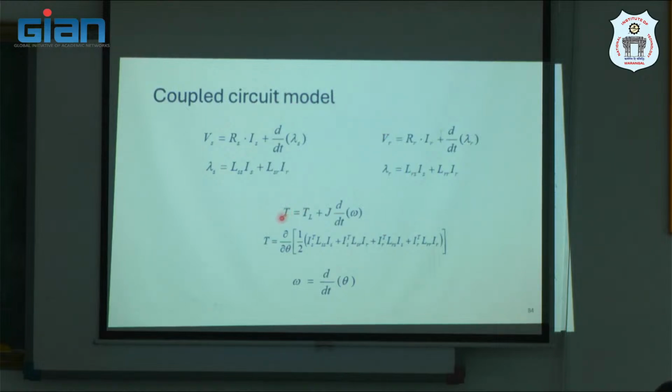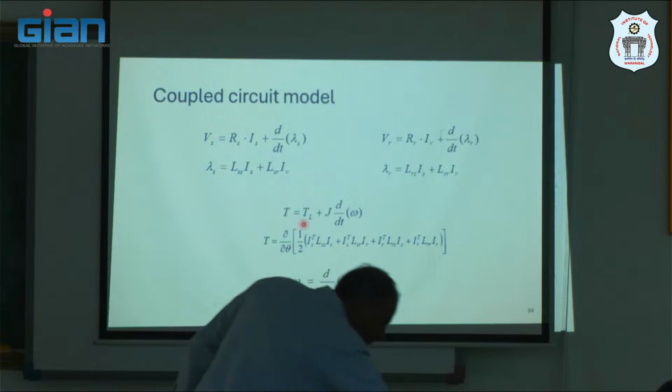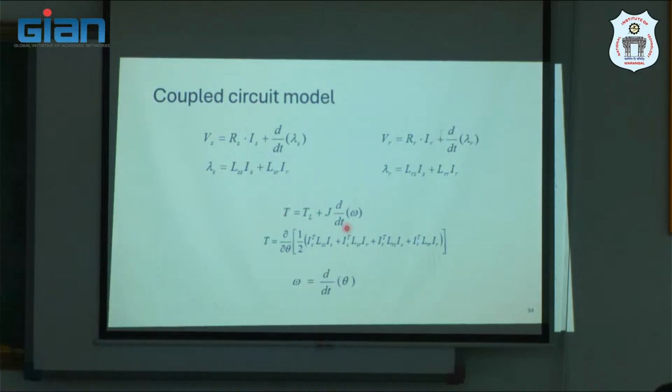The torque acting on the motor shaft is given by the load torque plus the inertia component, like acceleration or deceleration torque. And we can use the rate of change of co-energy for computing torque. So it's partial derivative with respect to theta of 1/2.